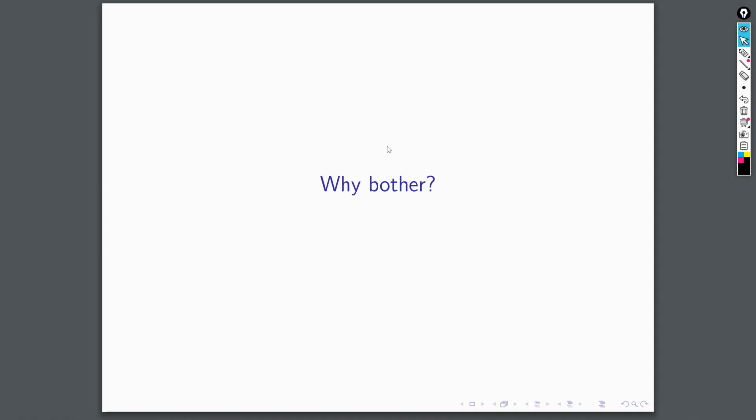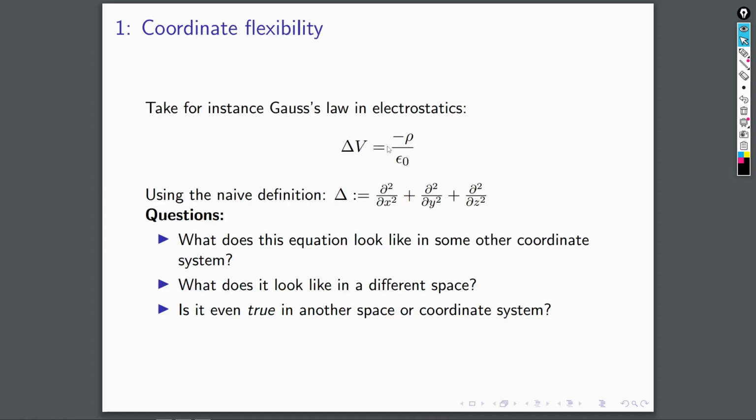Okay, let's see why. So the first major point is coordinate flexibility, right? In an introductory vector calculus course, you might see them define the Laplacian as basically the sum of the second derivatives of the three variables.